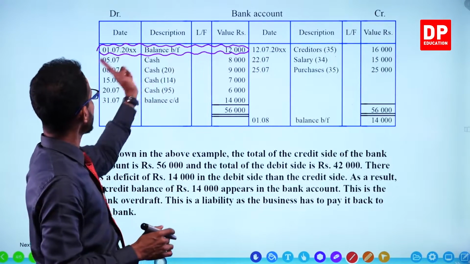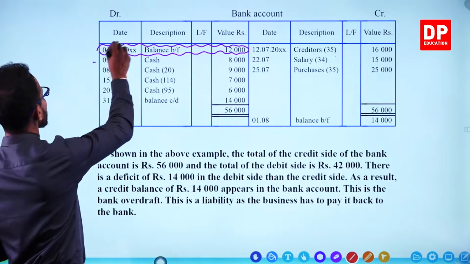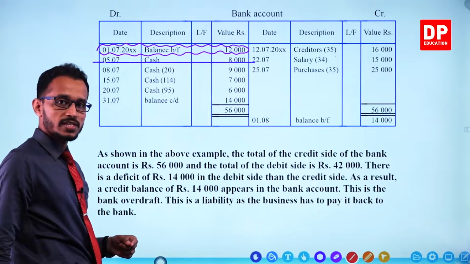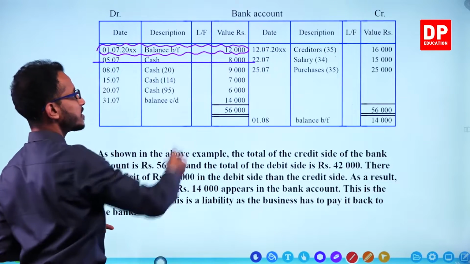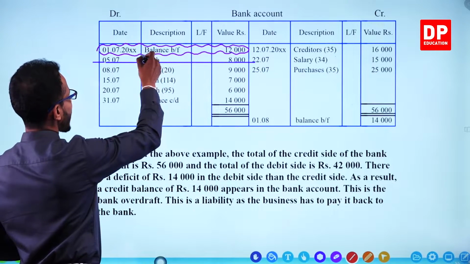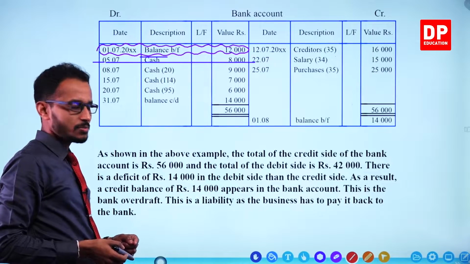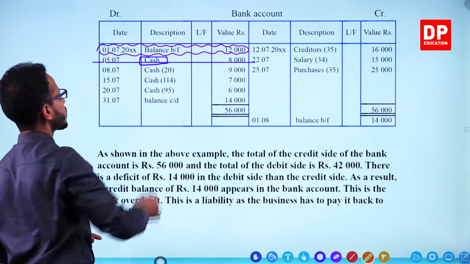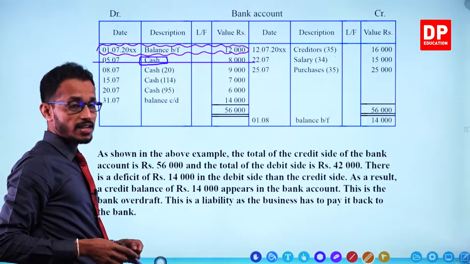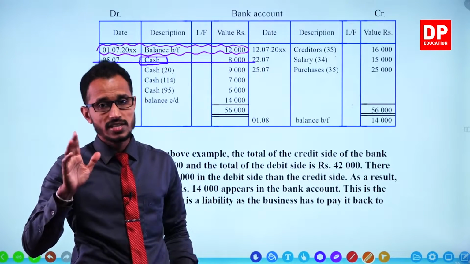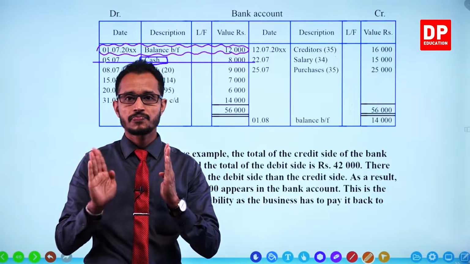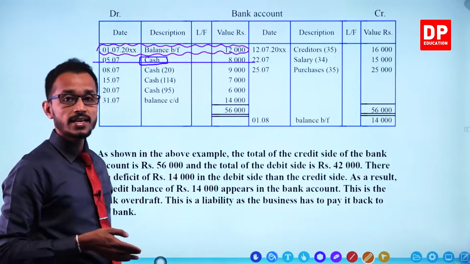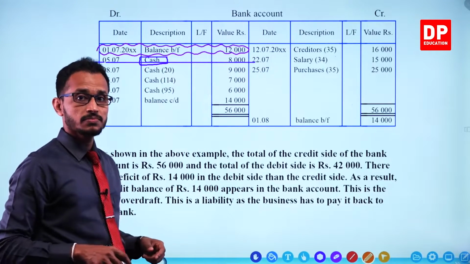Let's check in the bank account debit side. It's here. You see this? It's 8,000 in the debit side. Description is cash, right? That is the description, because the cash account, or you can say cash book, is credited and bank is debited, with the description saying cash.